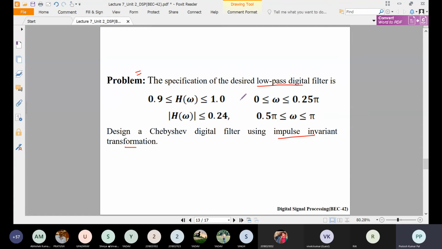Okay, so with respect to this specification, we can find out the value of delta 1 and delta 2, and this will be your omega p, that is the digital passband frequency, and this will be the digital stop band frequency, because this is in terms of omega. So this omega is representing the digital frequencies.